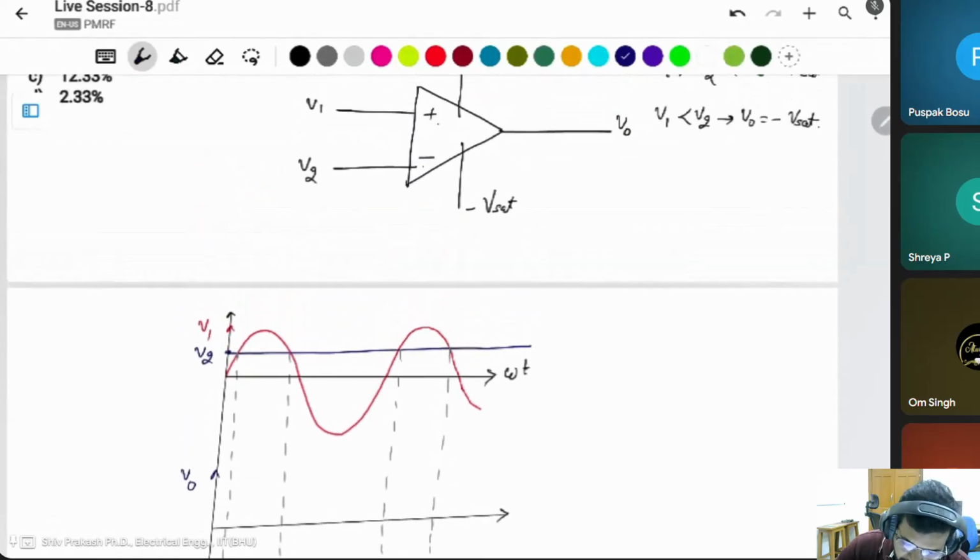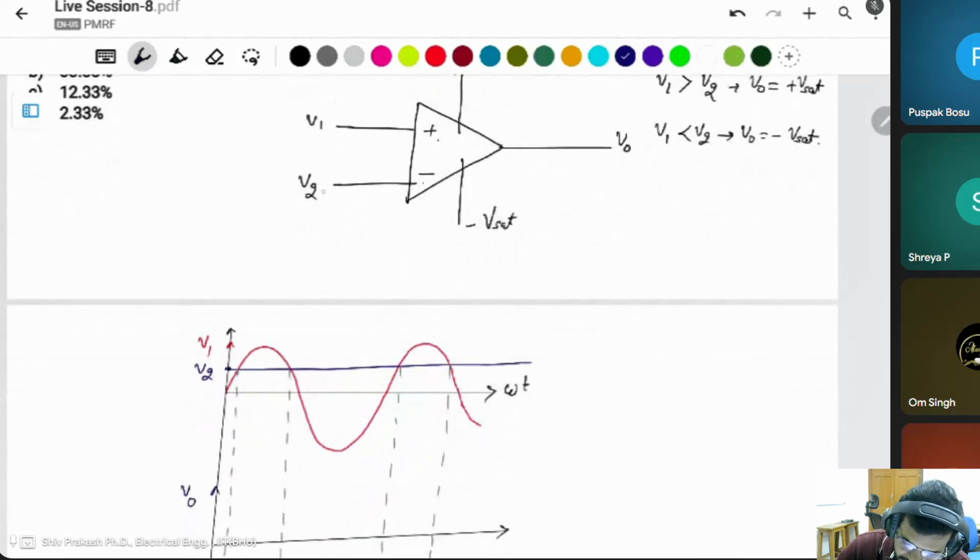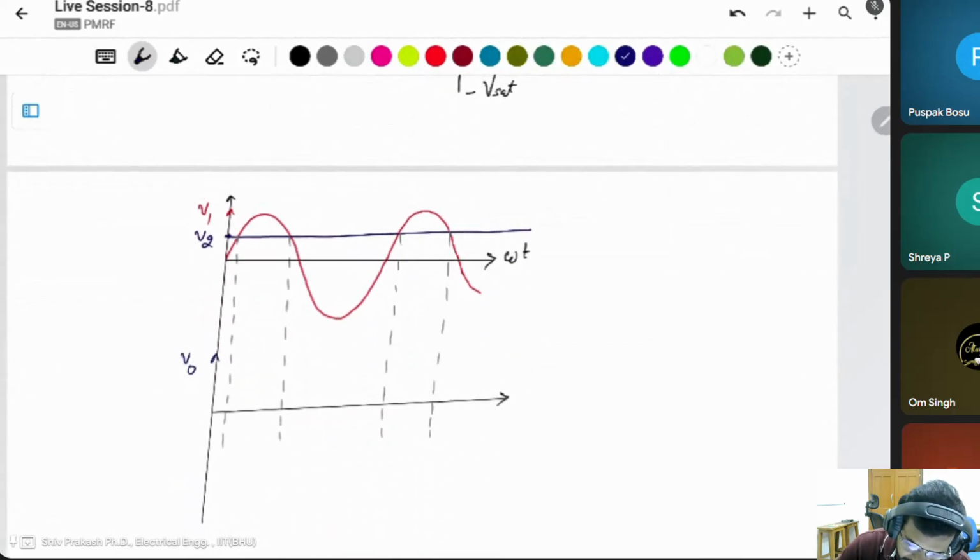V output: when V1 is greater than V2, then output is positive saturation. Here V1 is greater than V2, so this is the positive saturation, plus V saturation. When V2 is greater than V1, in this case the output goes to negative saturation. This is minus V saturation.